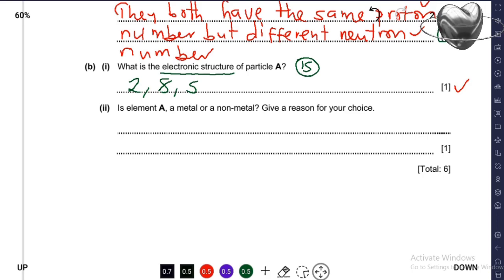So in this case, when we go back to B1, you will find that the number of electrons in the outermost shell of particle A is above 3, meaning this substance must be a non-metal.